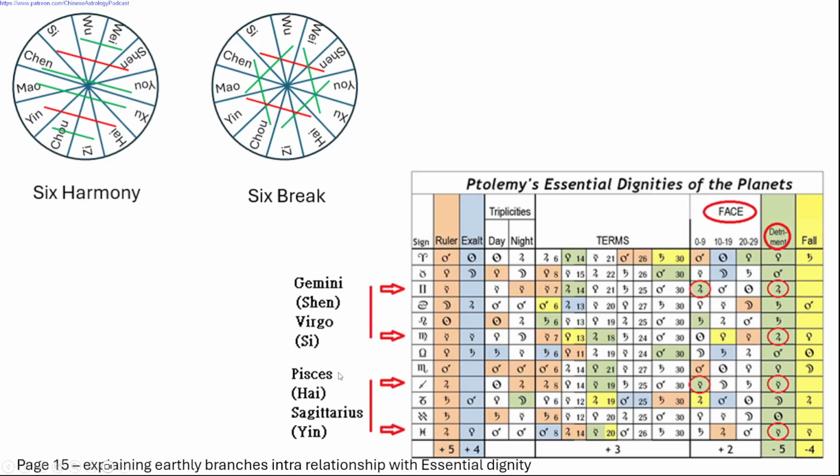Another pair is Hai and Yin, which is Sagittarius and Virgo about Venus. About Mercury, this is Mercury, which has the same situation, with both detriment and phase.